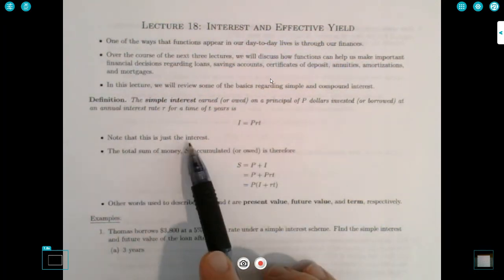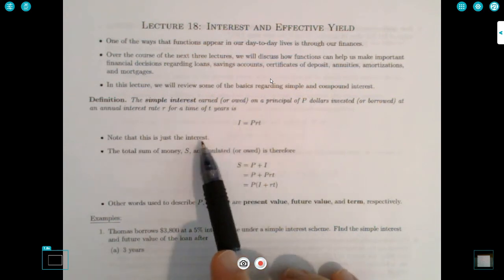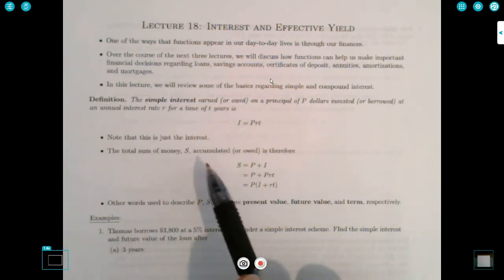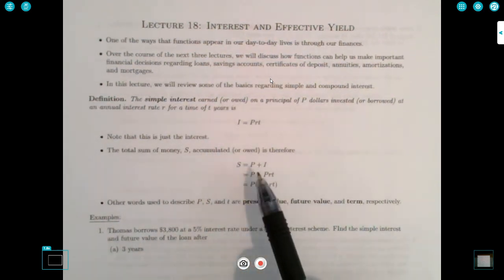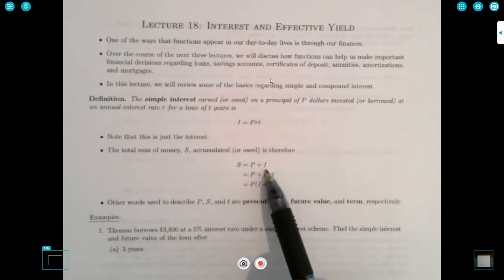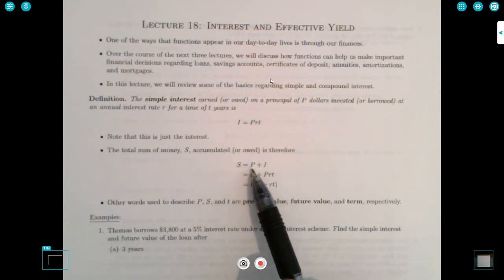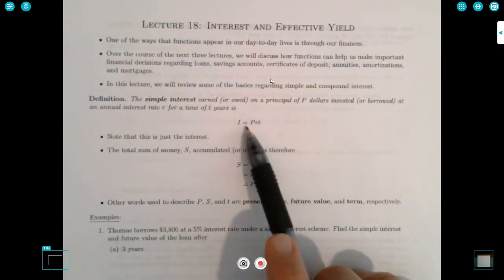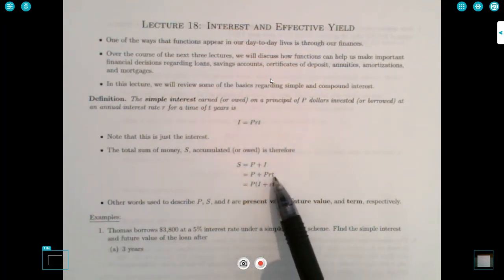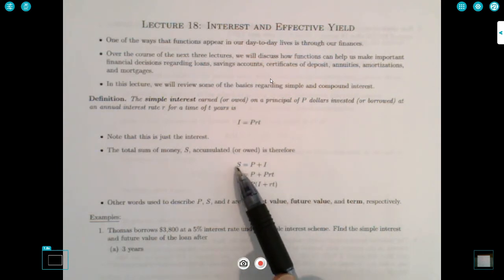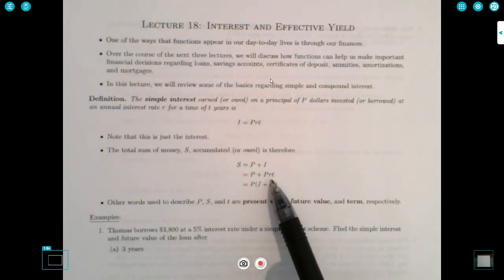Now, note that that's just the interest. If you want to know the total sum of money that's accumulated in your account, it's going to be the original amount that you invested plus the interest that you made on it, right? So it's going to be the principal plus the interest. Well, the interest, remember, is just principal times rate times time. So the total sum is P plus PRT.